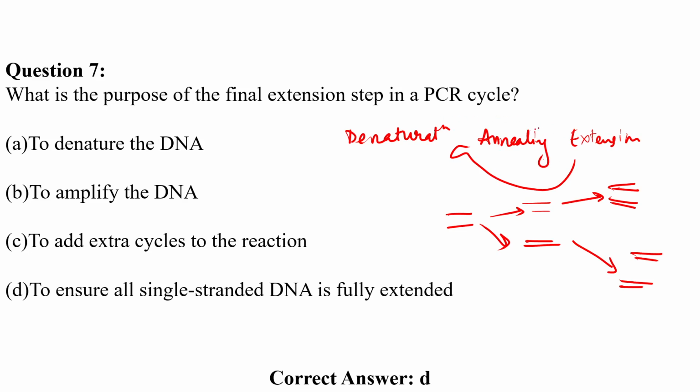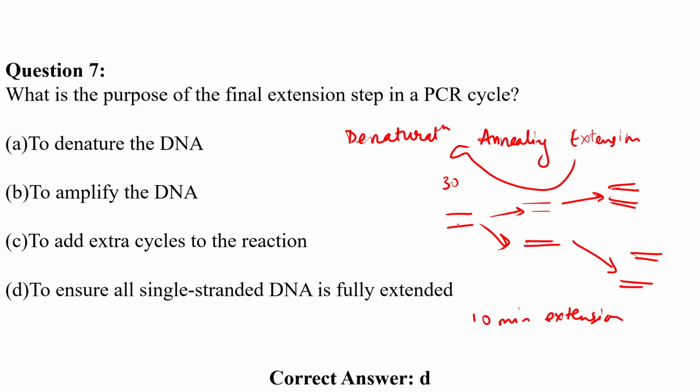After a certain number of cycles, let's say I wanted 30 cycles, after 30 cycles we give an additional 10 minutes extension. Okay, we give additional 10 minutes extension, and this extension is to ensure that all the single stranded DNA is fully extended. What does it mean?